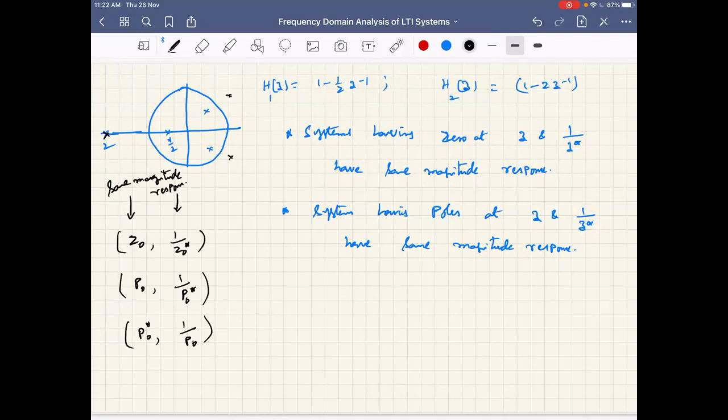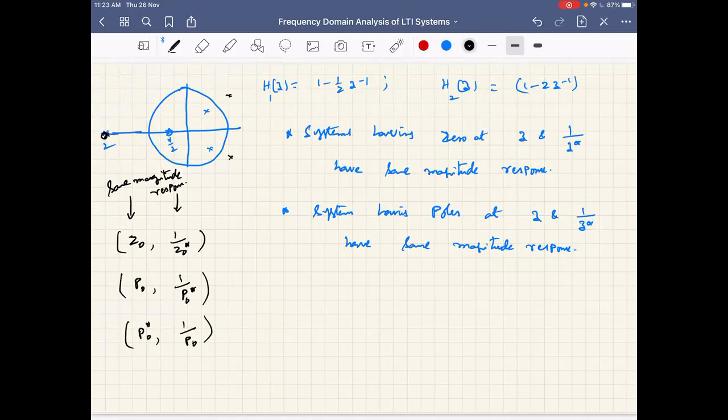Okay, so now how many possible systems can I design with a given pole zero plot? These are the zeros, right? So for the given pole zero plot, how many possibilities are there?